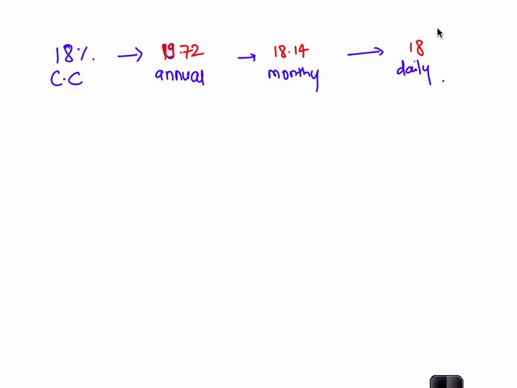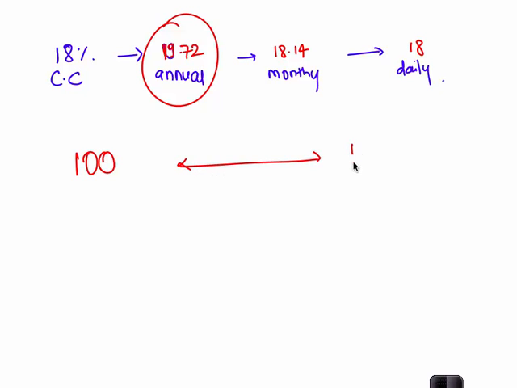Are you struggling with the logic here? Do you want me to explain the logic behind this? Are you clear with the logic? Any part you are not comfortable with? Monthly and daily, same logic. The rule is, if your annual rate is 19.72, then 100 has to become 119.72. So this should always be the present value, this should be the future value, irrespective of the frequency.